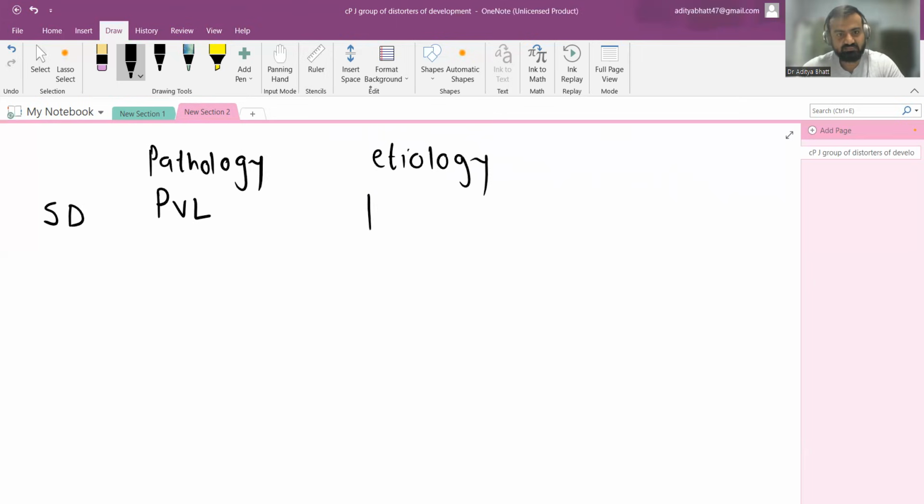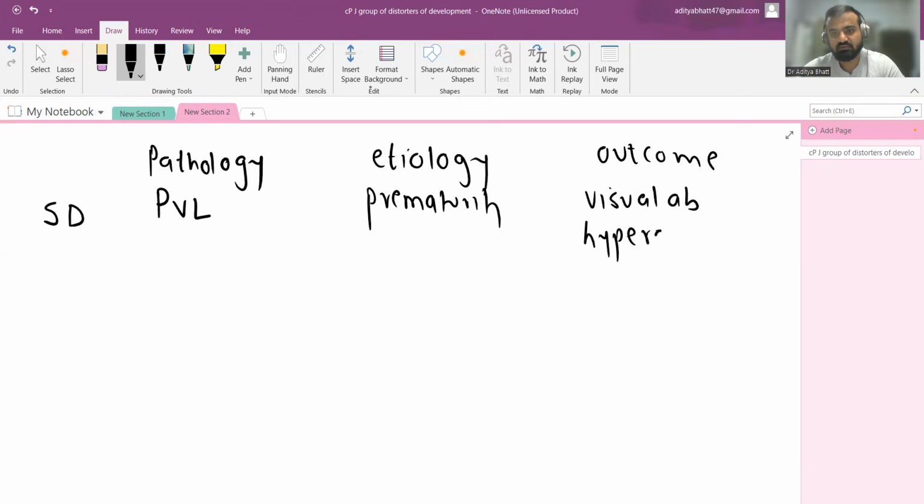Most commonly it is prematurity. And what is the clinical feature that you see in those patients? There are visual abnormalities and the patient is hyperactive. So this is what you see in spastic diplegic CP.